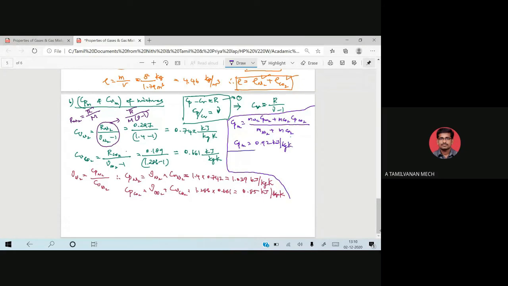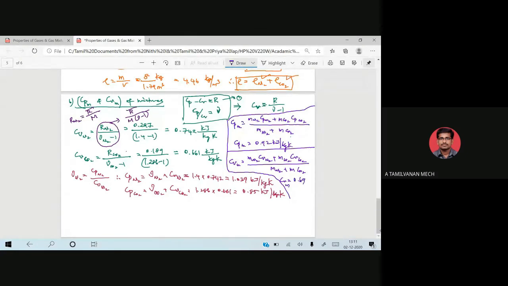Similarly, you have an equation for Cv of the mixture. The same equation as above, but instead of Cp substitute Cv. So m of N2 into Cv of N2 plus m of CO2 into Cv of CO2 divided by m of N2 plus m of CO2. After substituting the mass and specific heat values, you get the Cv value, which is nearly 0.69 kilojoule per kilogram Kelvin.